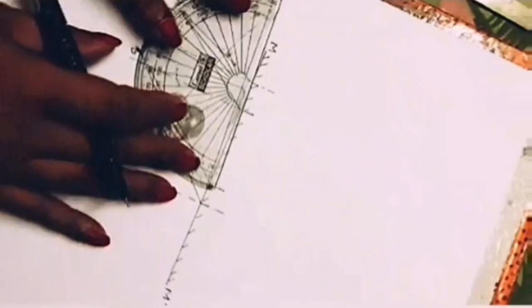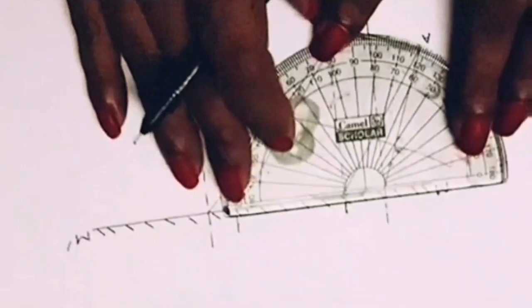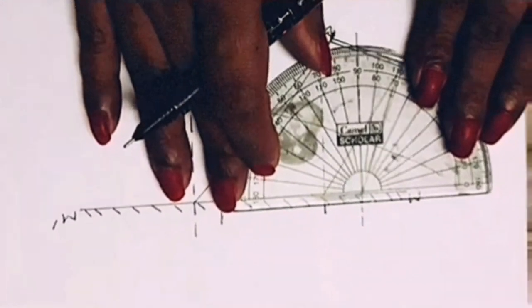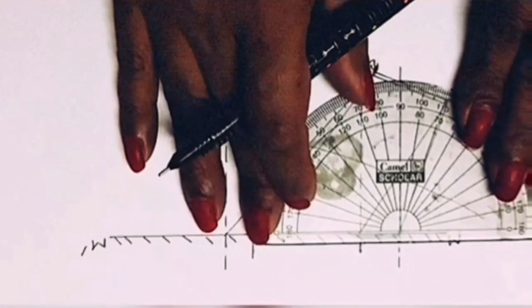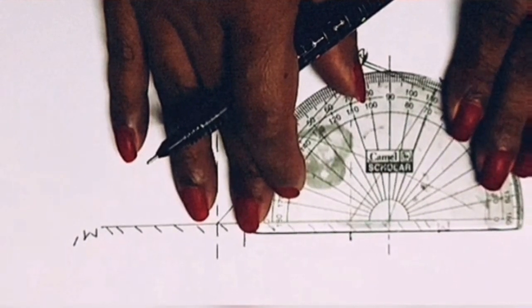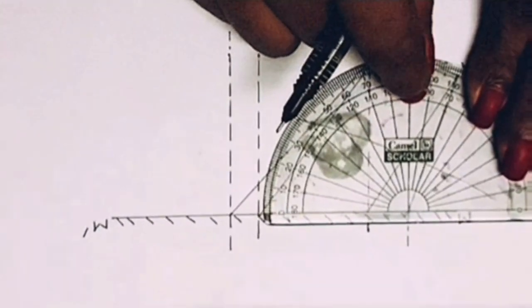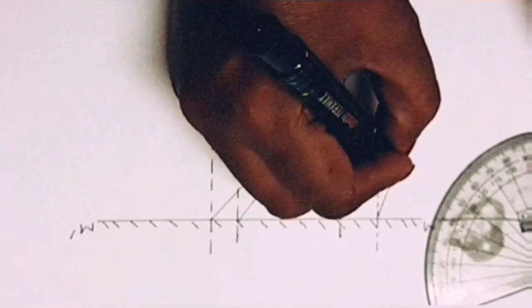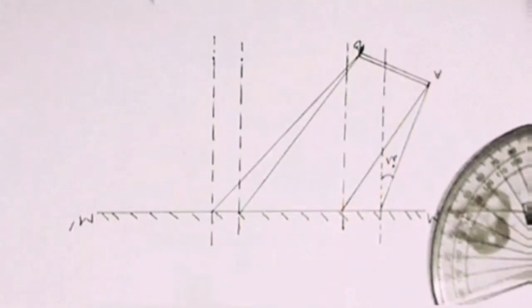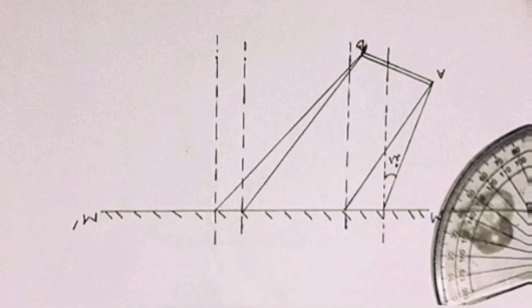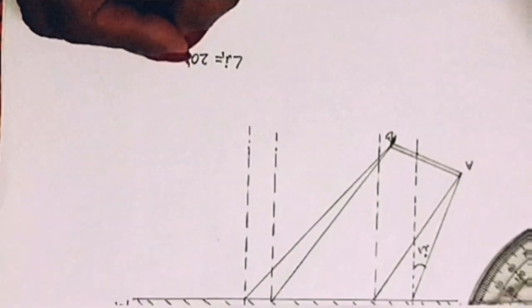Let's measure the angles. The first angle of incidence, I1, is 20°.